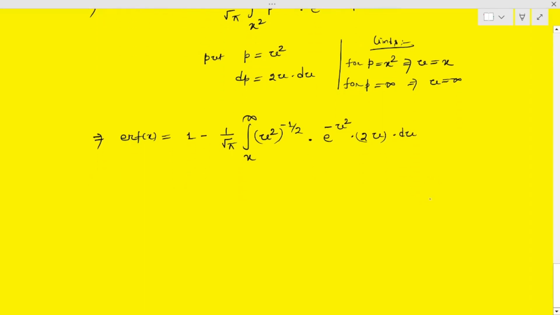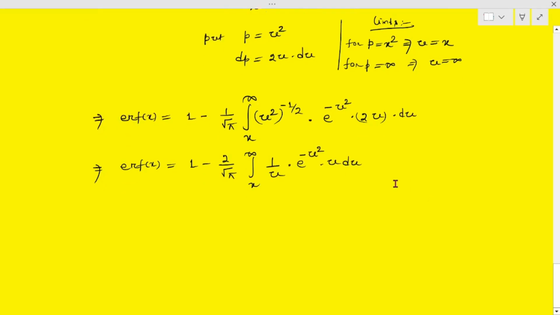So 2 is the constant taken outside, that implies error function of x equals 1 minus 2 by root pi, x to infinity. Here you can see u square to the power minus 1 by 2, that means this value is 1 by u, and this is e to the power minus u square into 2u du, right?